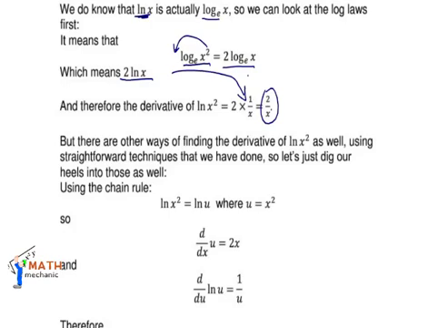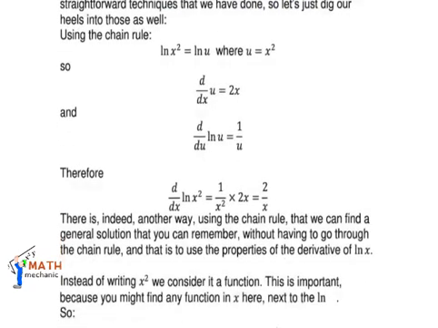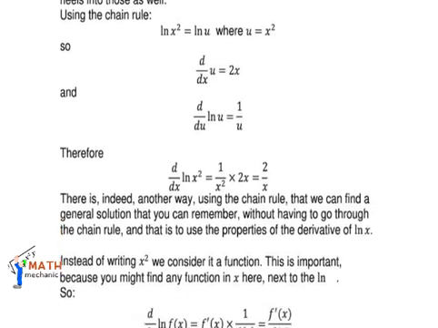So let's look at other ways of finding the derivative of ln of x squared, using straightforward techniques that we have done before. Looking at the chain rule, we've got ln of x squared, and we make the x squared a new function u, so u is equal to x squared.